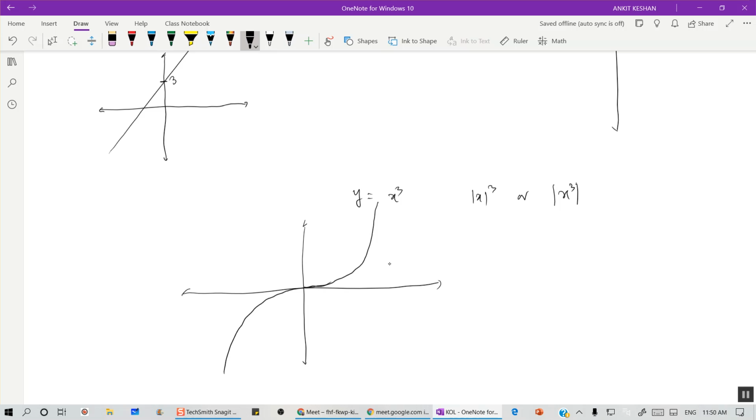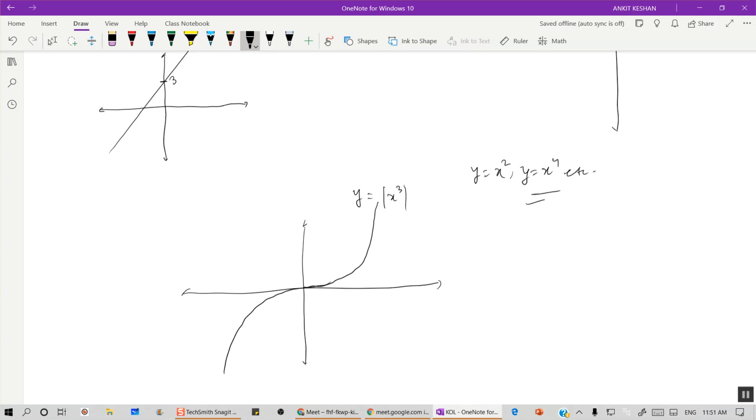So if you try to transform the graph, the nature of the function will change and it must behave like x square, y equal to x power 4, etc. That is obvious and understandable, right?